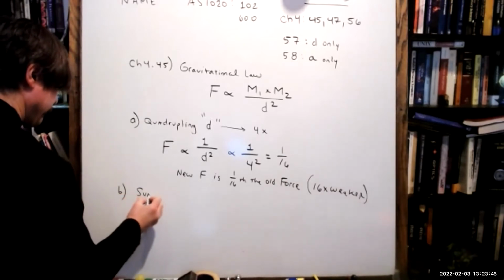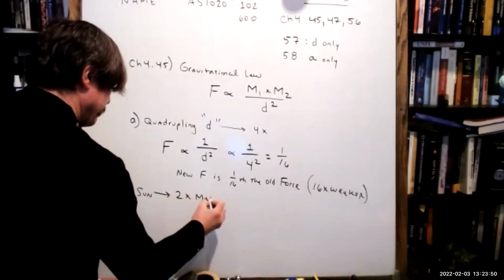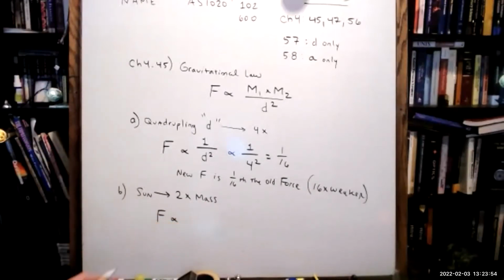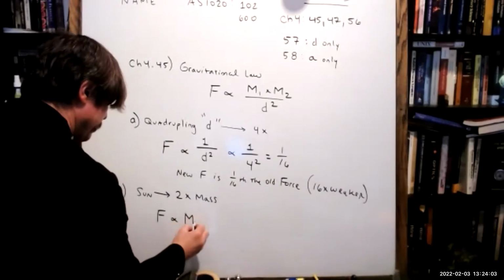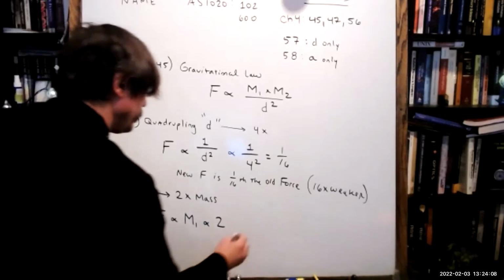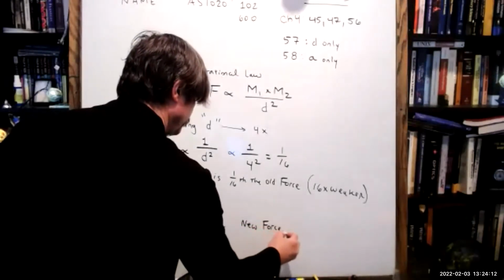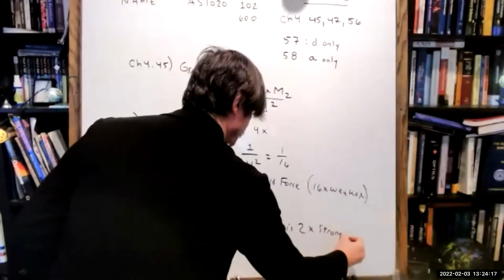What would happen to the gravitational force between Earth and the sun? So here we would write force is proportional to what? Proportional to mass, to one of the masses. Right. M1. And M1 is varying by a factor of 2. So the new force is 2 times stronger.